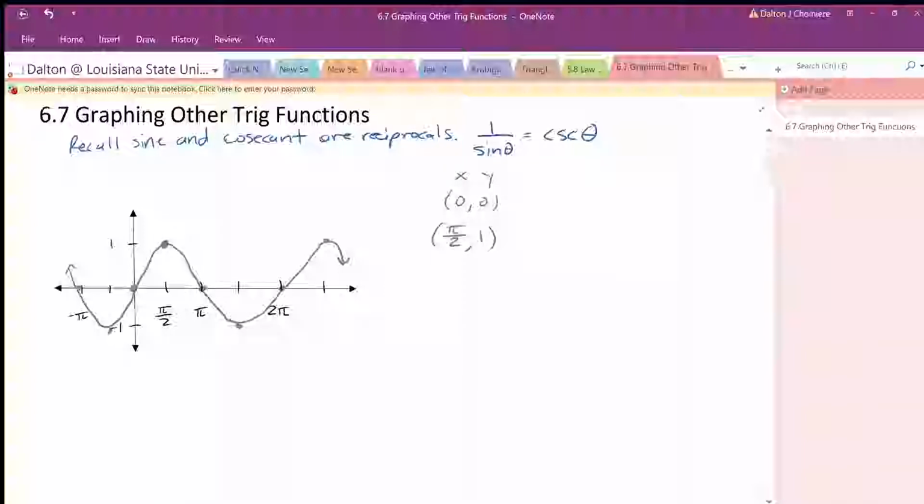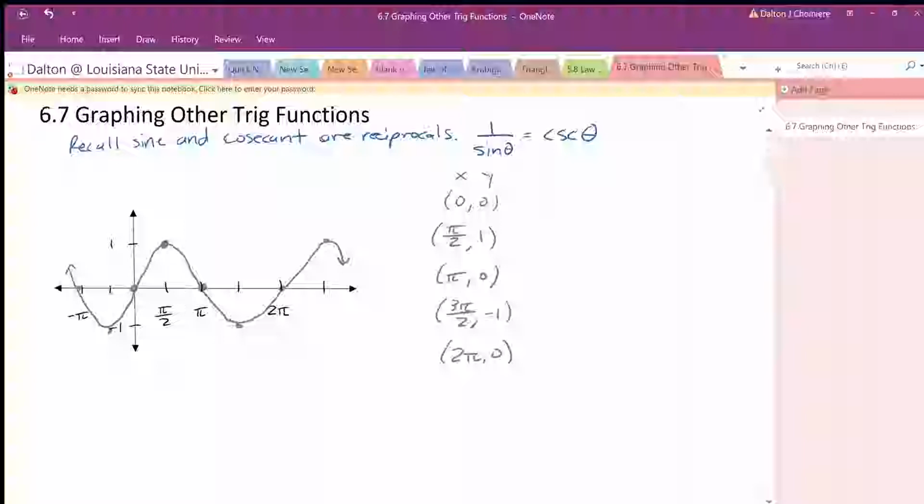The next coordinate is at pi, 0. The next coordinate is at 3 pi over 2, -1. And then the next one is at 2 pi, 0. So we'll just worry about doing 1 period.